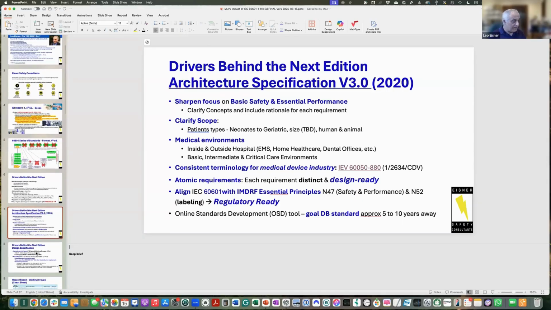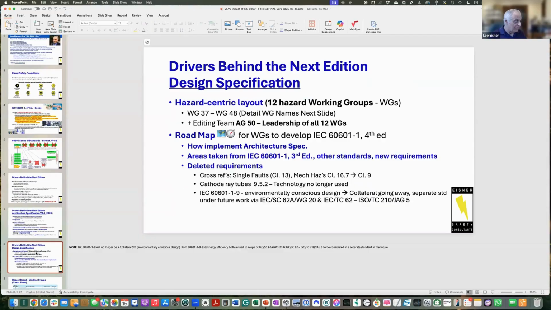We complain about the OSD all the time, or online standards development tool. The design specification is our roadmap to how to write the standard. So how to implement the architecture spec that I just talked about, what areas we're taking from the third edition, what subclauses apply to what section or working group, what other standards, the particulars, the collateral standards, other standards that apply, what are new requirements, there's lots of them, what sections are being deleted out of third edition and other standards.